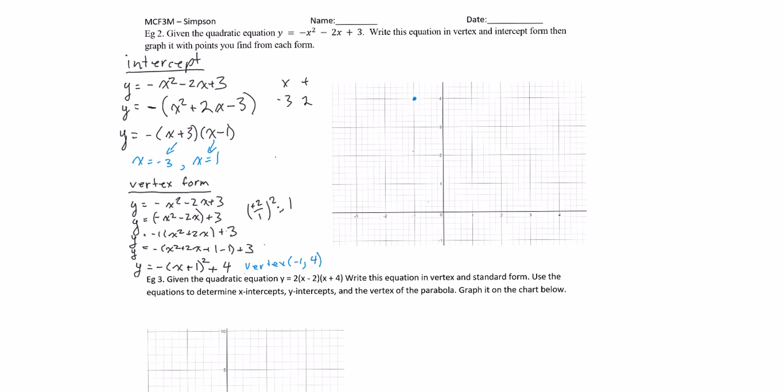Looking at the original graph, you'll notice from one of our previous classes that if we had a negative on the x² term, the graph would be opening down. We also know that our intercepts are -3 and 1 for the x-intercepts. So let's go and plot those right away. And based on our original standard form, you'll notice that that 3 is our y-intercept.